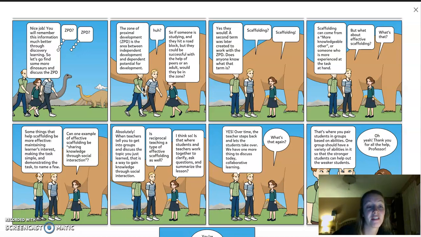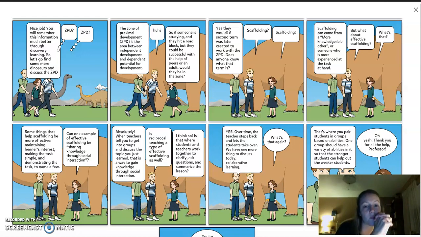We have to go on an adventure and find some dinosaurs and do our own discovery in order to retain that information more, or better. Okay. The zone of proximal development, or ZPD, is the area in between independent development and dependent potential for development.